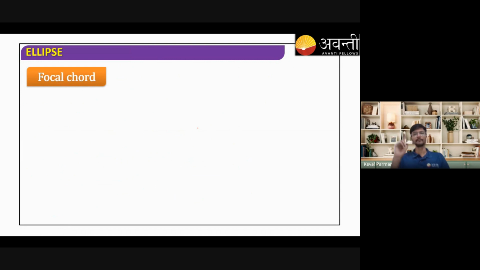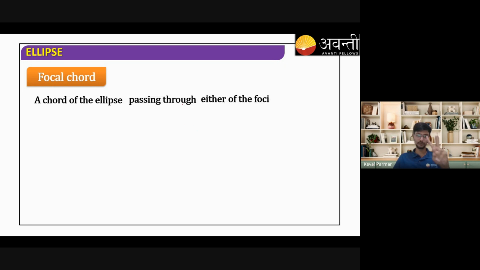Next we have focal chord. What is a focal chord? Any chord which passes through a focus is called a focal chord. So a chord on the ellipse passing through either of the foci. Here we have two foci. That means if a chord passes through either of the foci, it's called a focal chord. Yes. No, beta.